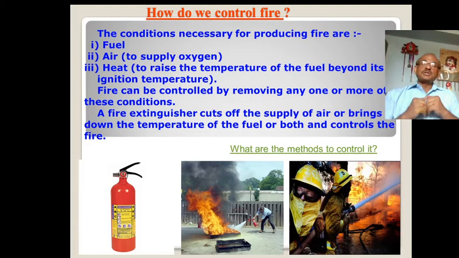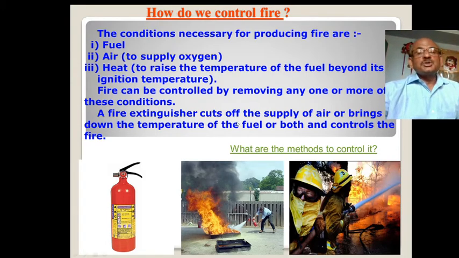Heat to raise the temperature of the fuel beyond its ignition temperature. Fire can be controlled by removing any one or more of these conditions. Fuel can be removed, supply of oxygen can be stopped, and the temperature should be brought below the ignition temperature.